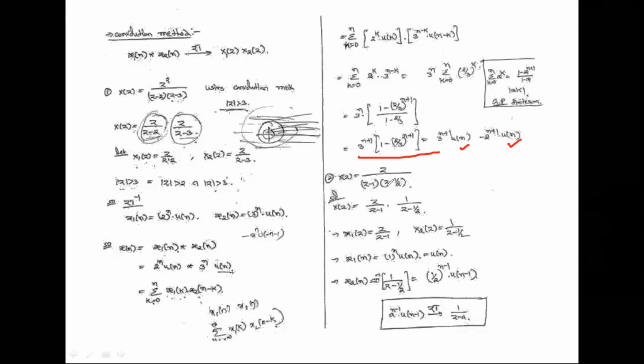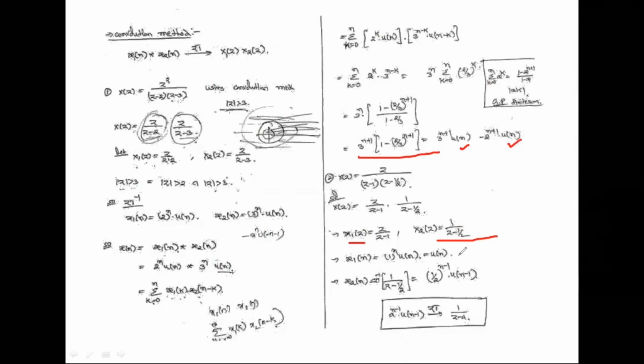Another example we have here: z by z minus 1 and 1 by z minus 1/2. Take the function z by z minus 1 as X1 of z and 1 by z minus 1/2 as X2 of z. x1 of n is 1 whole power n mu of n. x2 of n is not in the form of z by z minus a.